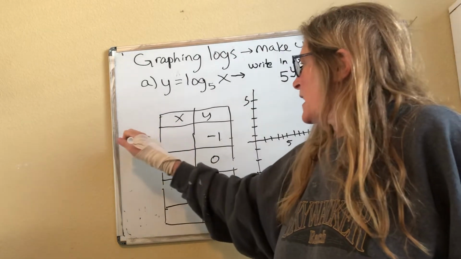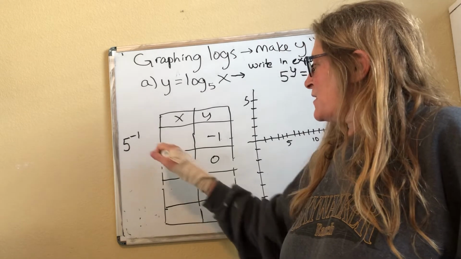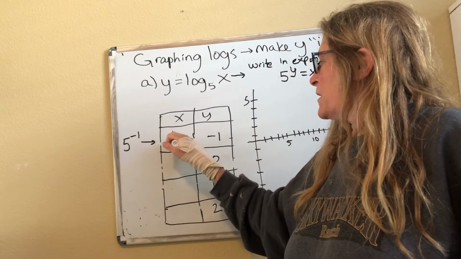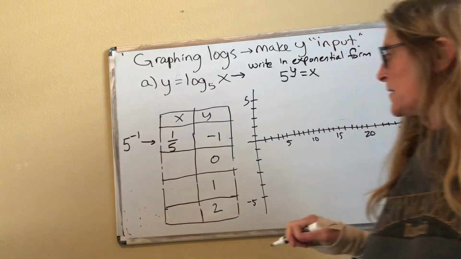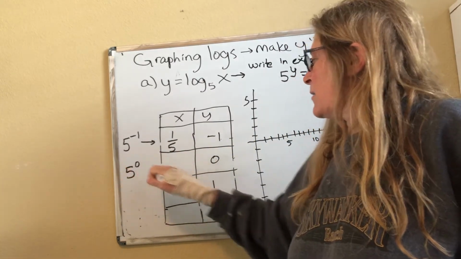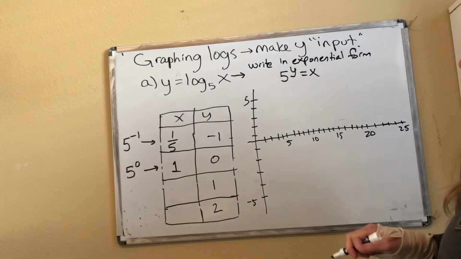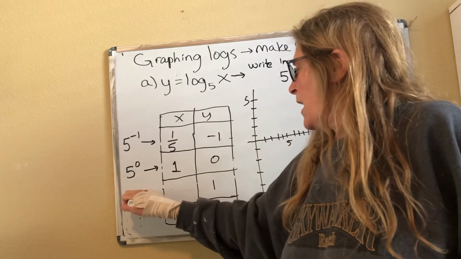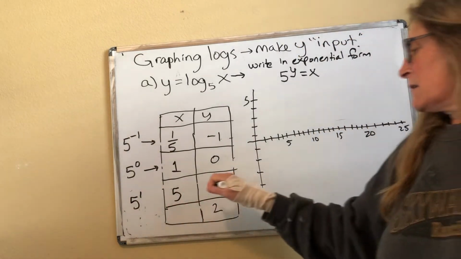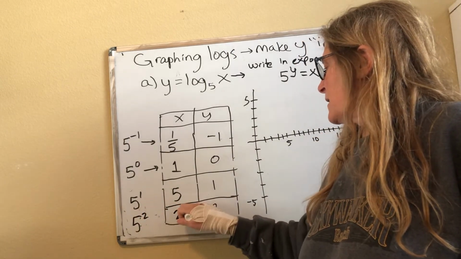So if Y is -1, I get 5 to the -1 for X, and 5 to the -1 is 1/5. If I make Y 0, I get 5 to the 0 power, which we know is 1. Anything to the 0 is 1. If I make Y 1, I get 5 to the 1st. And if I make Y 2, I get 5 squared.